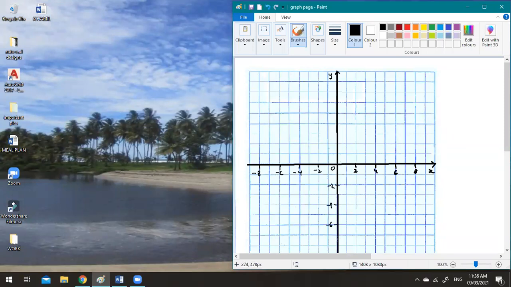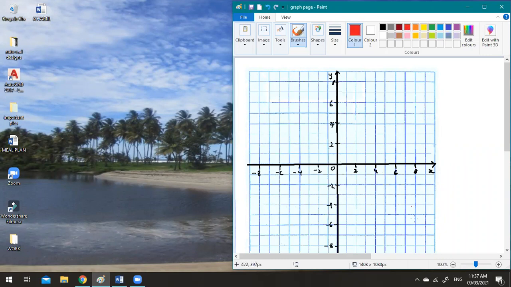Anybody can tell me what's the scale, by the way? Anybody knows the scale for this graph? Every 2 dashes or every 2 centimeters is 2 units, right? On the x, and every 2 dashes is 2 units on the y, so it's the same thing, right?